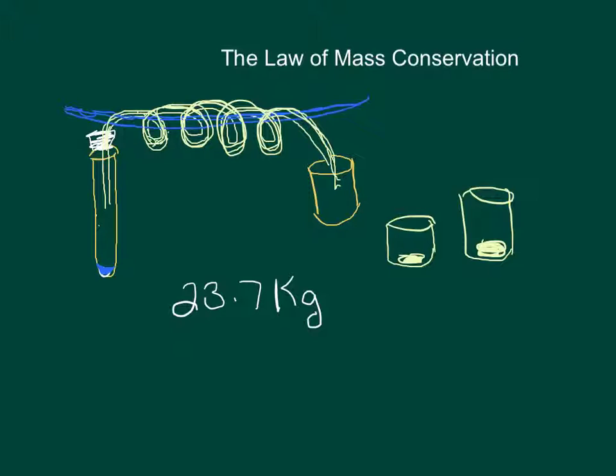Well, let's say I weigh the sludge first. And I'm kind of sitting here thinking, well, goodness, I should have told you how much the crude oil weighed in the first place. So let's go ahead and write that number down. Let's say it weighed 10.3 kilograms. Okay, so I weigh the equipment again.